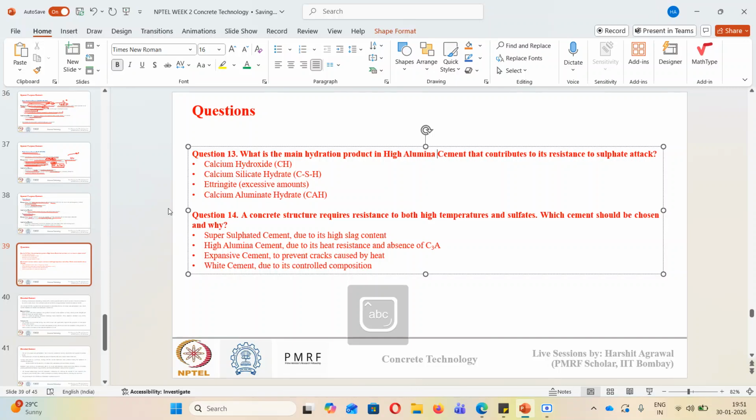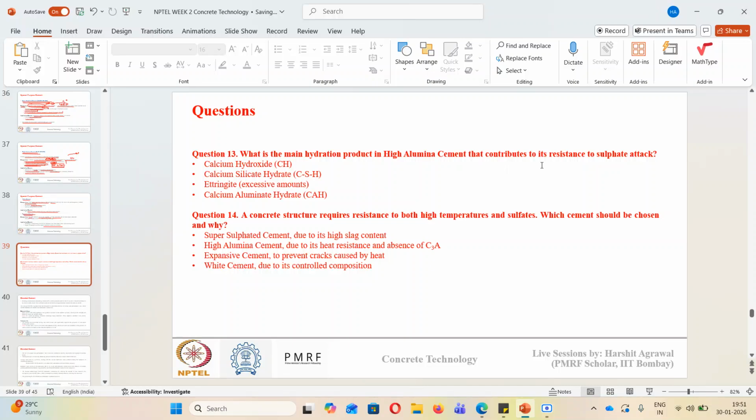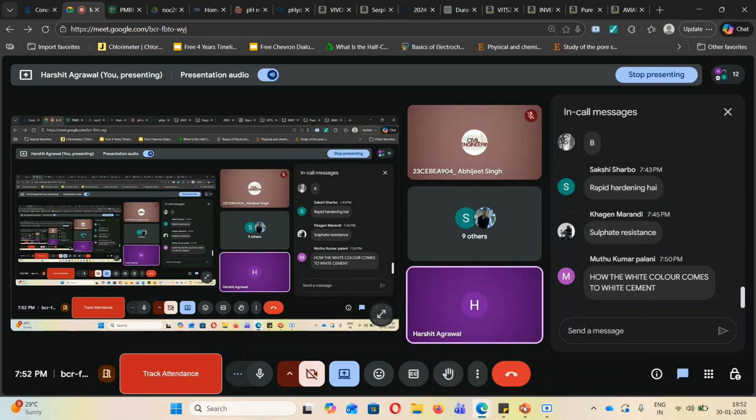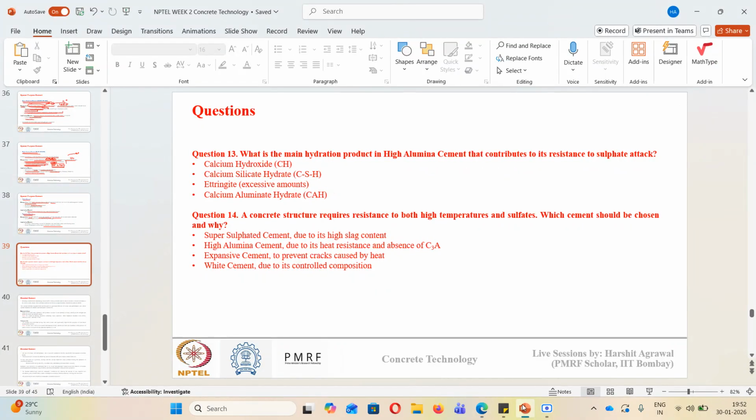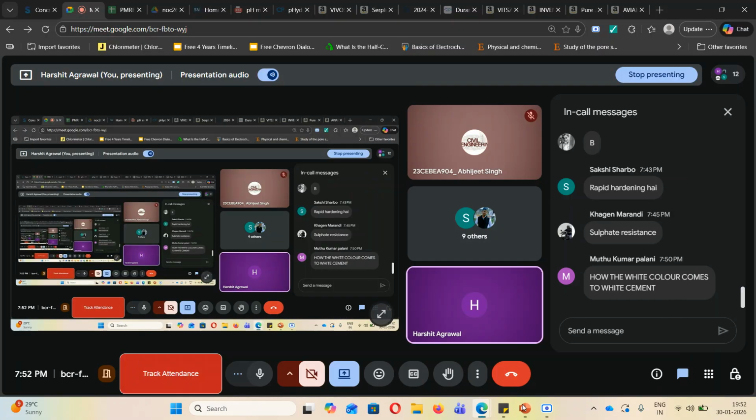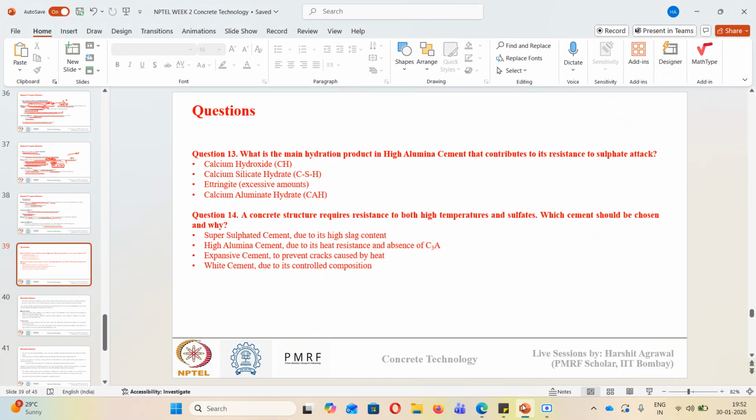So, which hydration product in high alumina cement contributes to sulfate attack resistance? Can anyone tell me? Can anyone tell me the answer for question number 13?